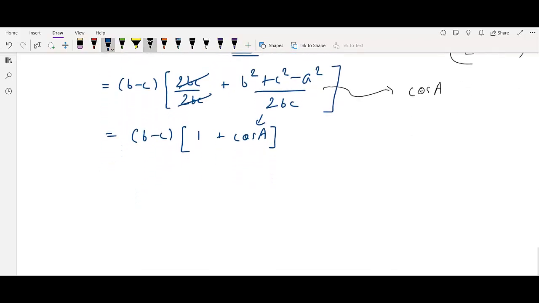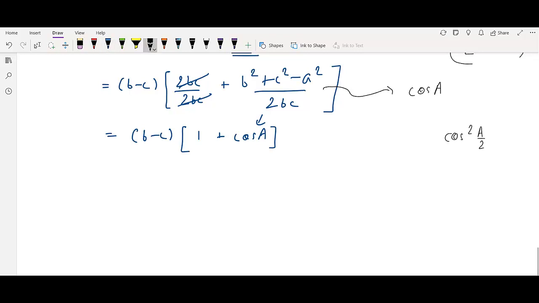and now the question asked us for something along the lines of cos square a by 2. Okay, but we just have a cos a here, so that gives me a hint that perhaps I can use the expansion of cos 2x to solve further, right?